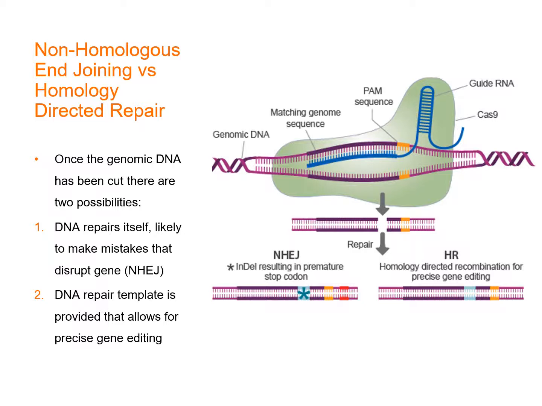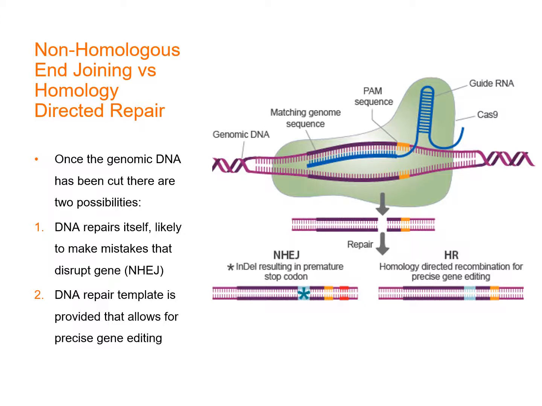We don't have to go into too much detail about how that can be performed, but know that once you have this break, you basically also provide to the cell some template for repair. This means that the repair job is going to go forward correctly. We're not going to have insertions or deletions or premature stop codons. But what we can have, depending on the template that we provide, is, let's say, a single nucleotide change.